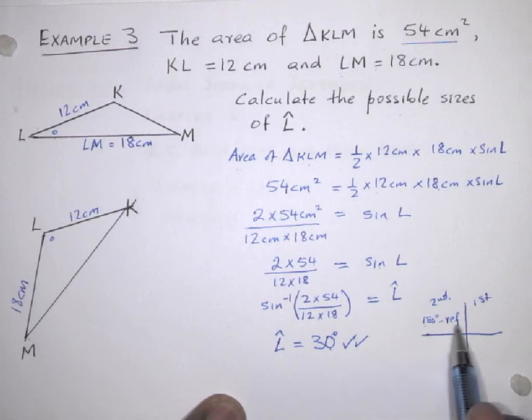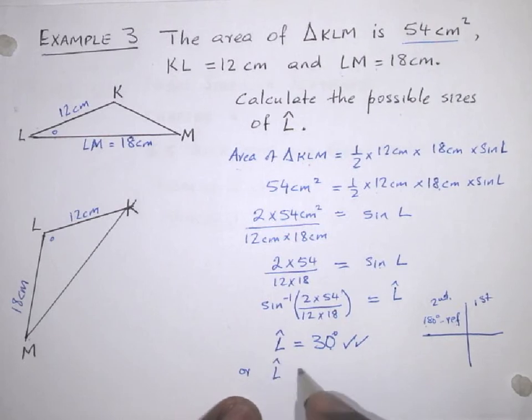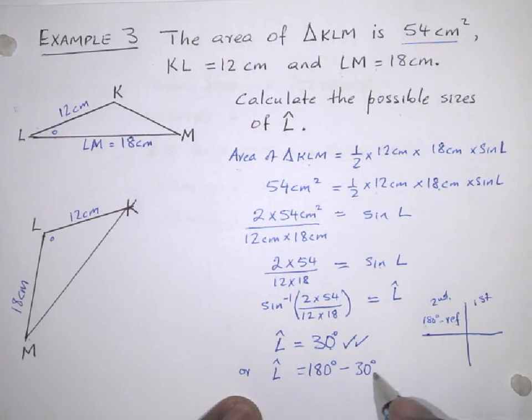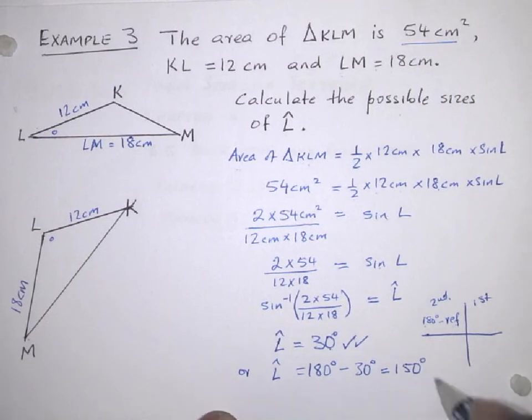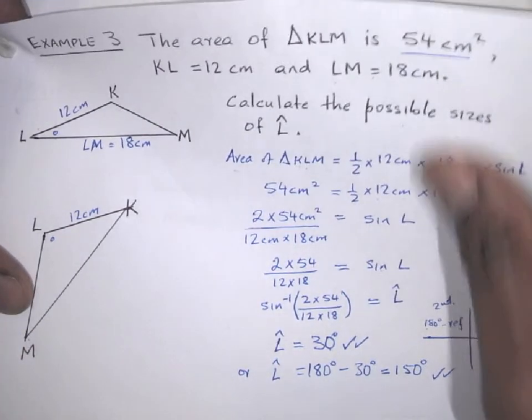So it's 180 degrees minus the reference angle, the angle that we get from the calculator. So therefore, another angle for L will be equal to 180 degrees subtract the 30 degrees and your answer will be equal to 150 degrees. Those are the two angles that we can get, the 30 degrees and 150 degrees.